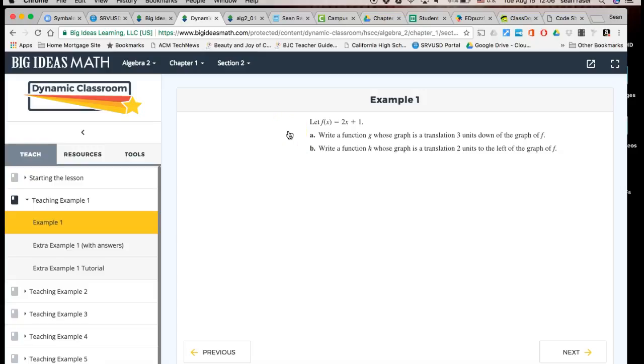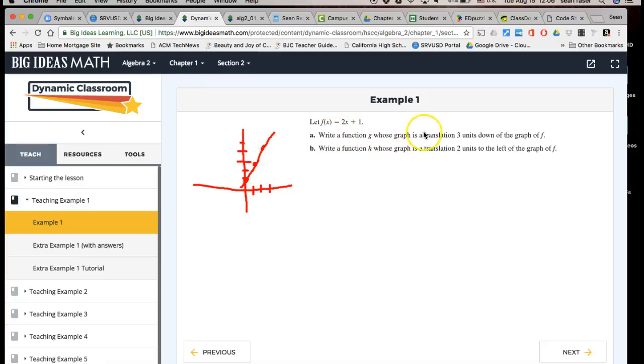Let's remember for a second: 2x plus 1 means that we have a y-intercept at 1, and we have a slope of 2, which means that for every 2 units up, we go 1 unit over. So this is a steeper graph than our parent function.